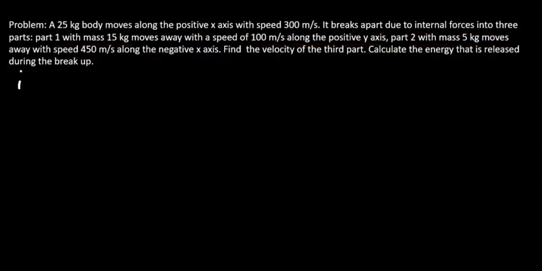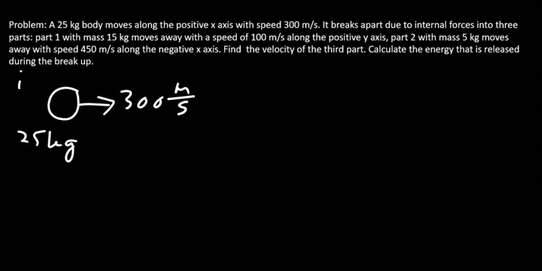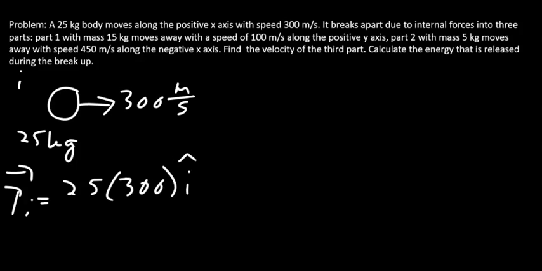So the initial state is the state where this 25 kg body is moving to the right with speed 300 meter per second. So the initial momentum of the system is just 25 times 300 i hat, which is 7,500 i hat kg meter per second.